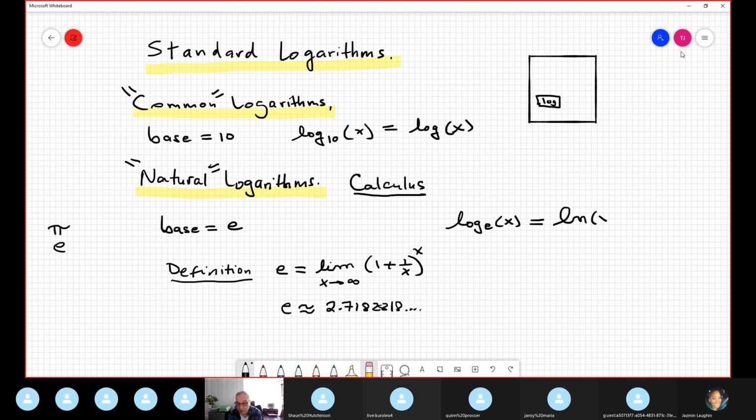LN of x. So you see, for example, in your calculator, another key, which is LN. LN means natural logarithm. This is the key for the natural logarithm. And this is the key for the common logarithm. Okay? And we use them both.